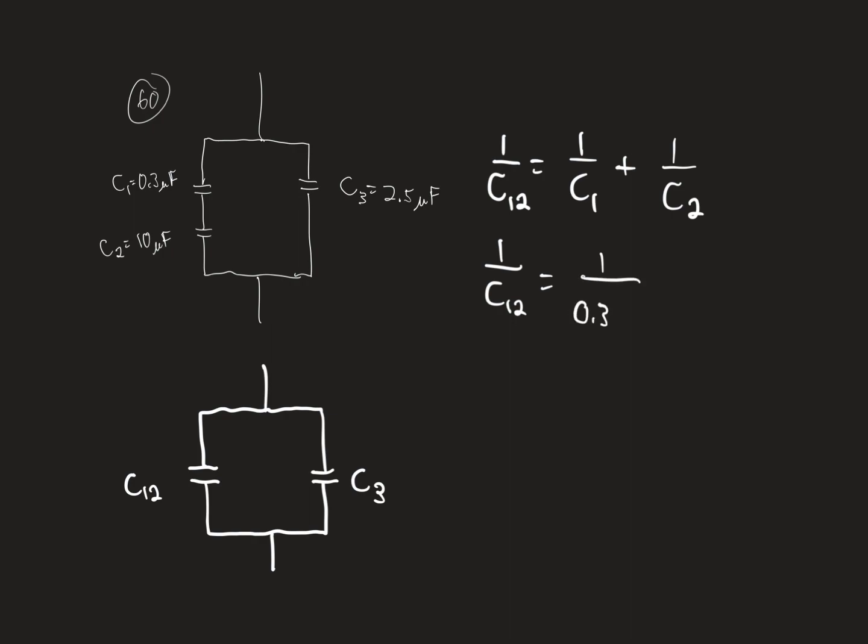What does micro stand for? Remember micro? It's 10 to the negative 6. So 0.3 times 10 to the negative 6 farads, plus 1 divided by 10 times 10 to the negative 6 farads.